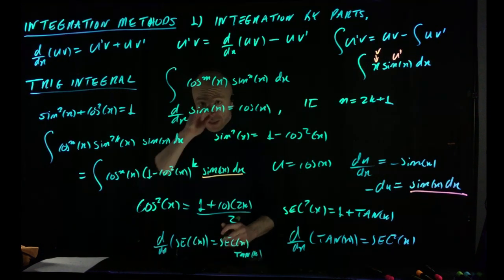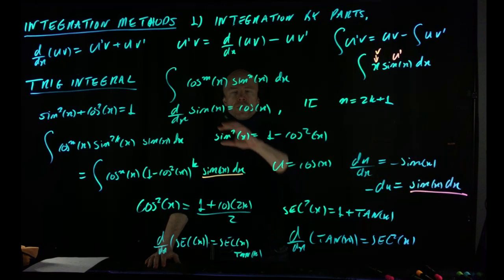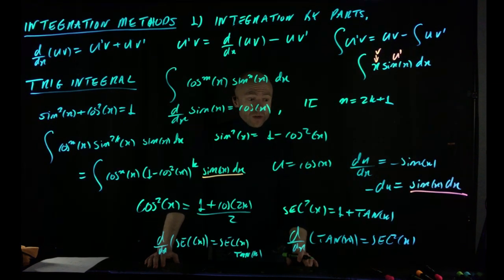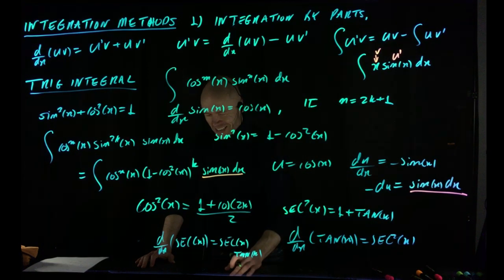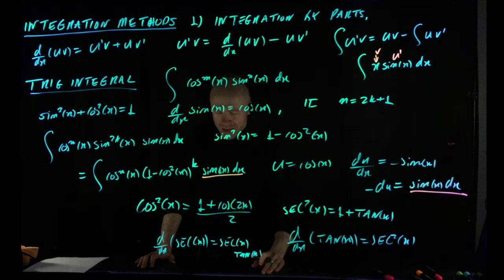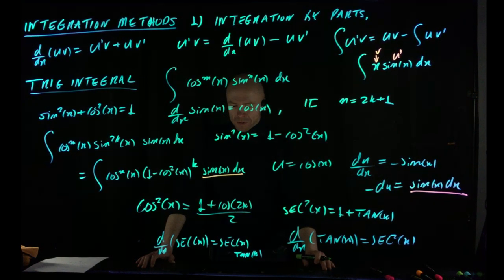And then using exactly this kind of strategy, if we have a mixture of sec and tan, we're either going to try and turn everything into tans and pull off a sec squared so that we can use this sub, or we're going to turn everything into a bunch of sec and then pull out a sec tan and then use this identity, right?